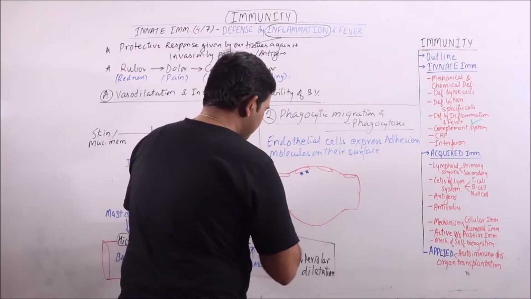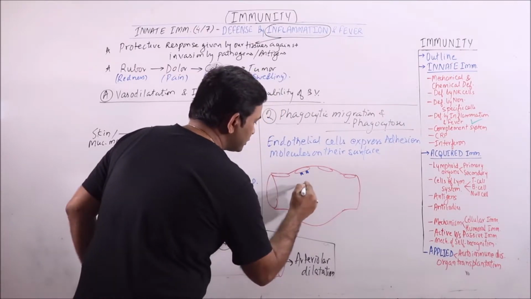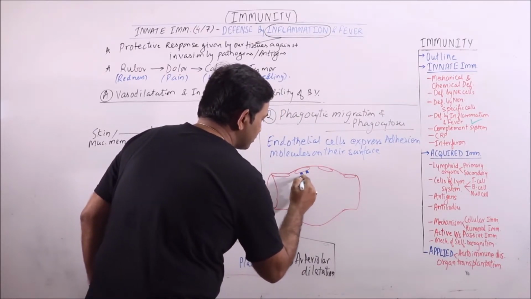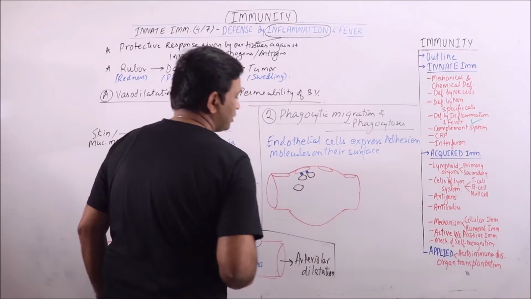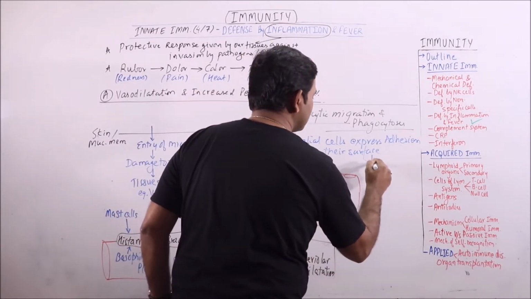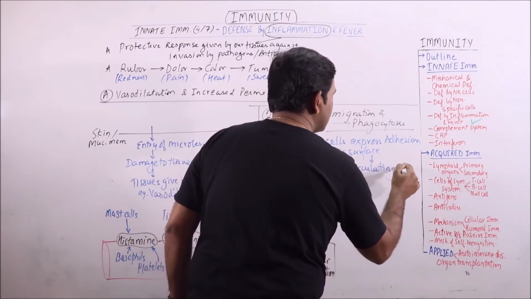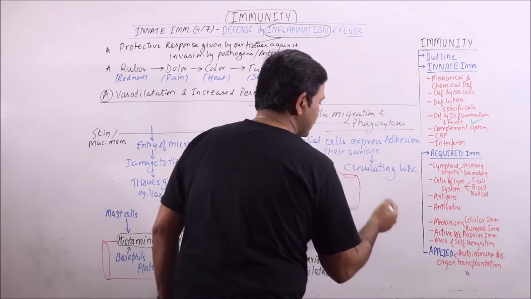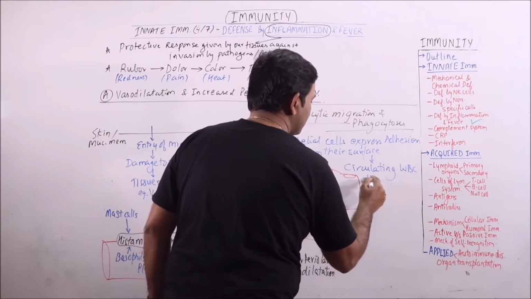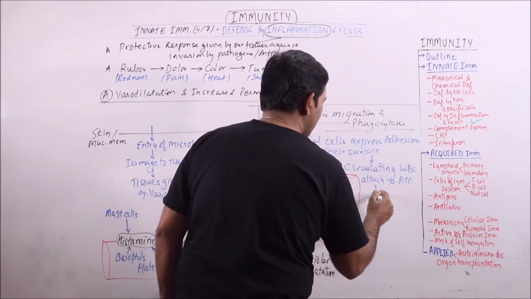Now, as a result, the circulating WBC, especially phagocytes, will start adhering to these adhesion molecules.